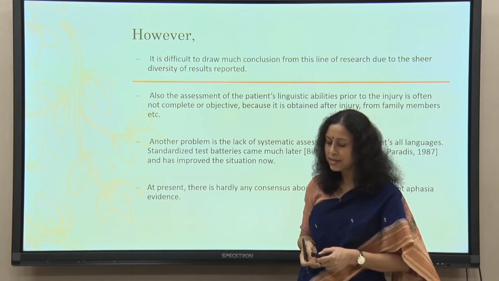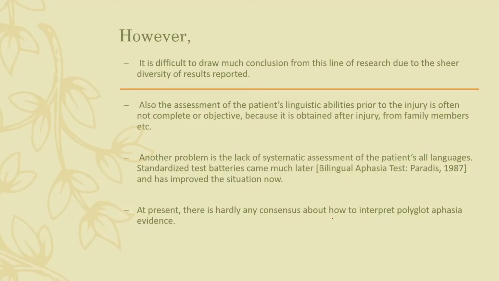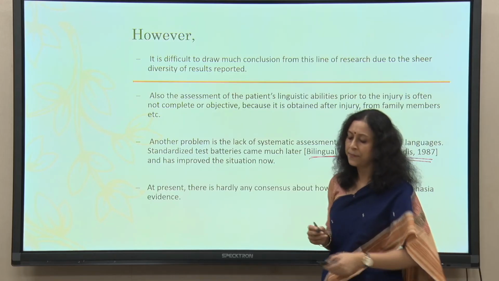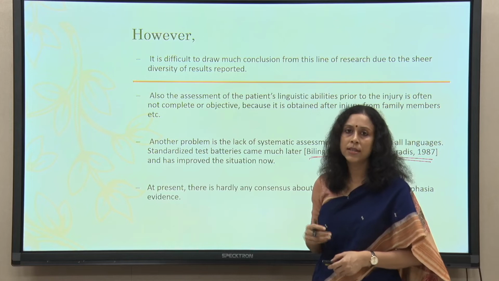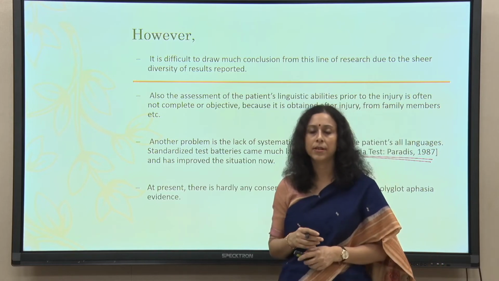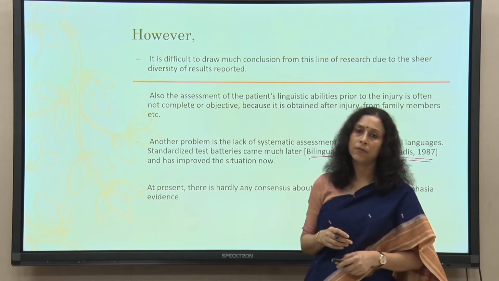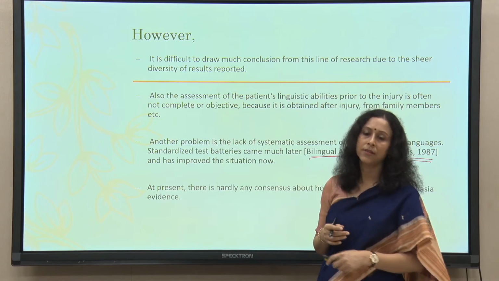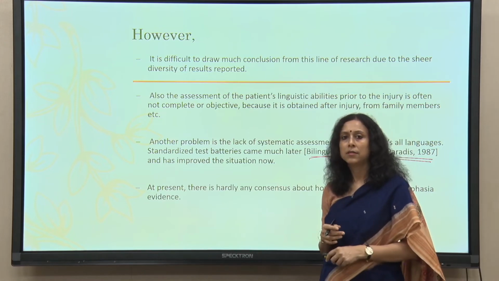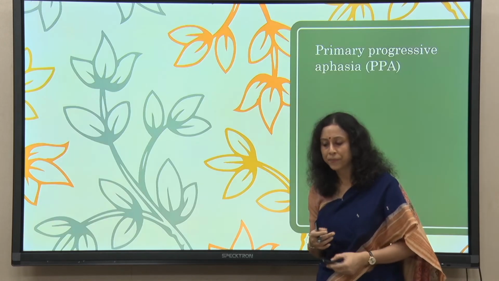These test batteries became available only recently, as you can see. Bilingual Aphasia Test by Paradis, 1987, which is quite recent. And now of course, using these tools we have a better scenario to collect objective data, and the field is still developing.